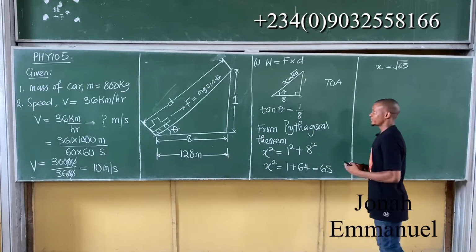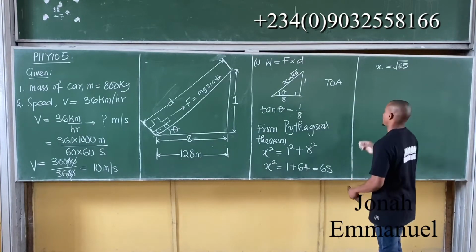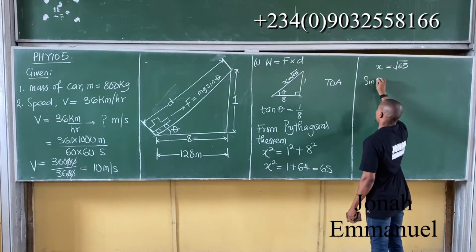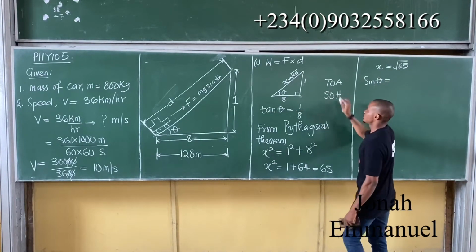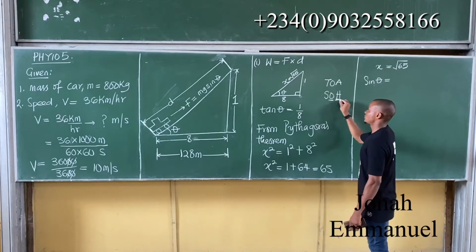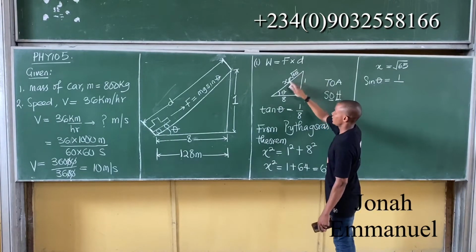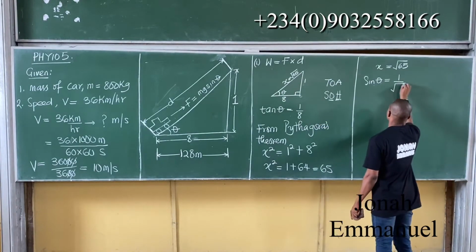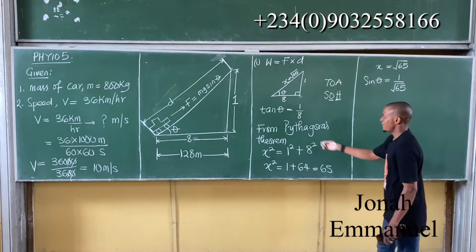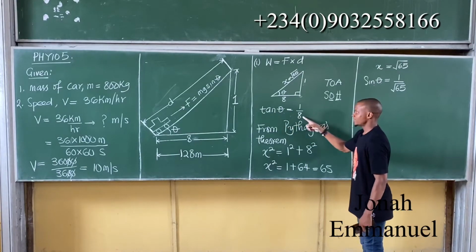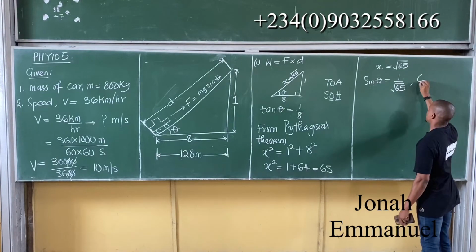That's the value. Alright, so if you've gotten this now, from here you can get the value of sine theta. Sine theta is opposite over hypotenuse. Opposite is 1 all over hypotenuse, that's root 65. So I've got the value of tan theta as 1 over 8, and I've gotten sine theta as 1 over root 65. Let's also get cos theta.